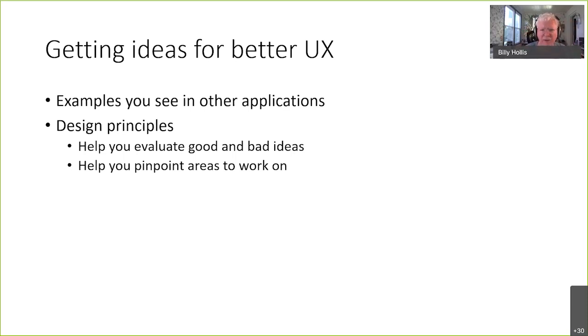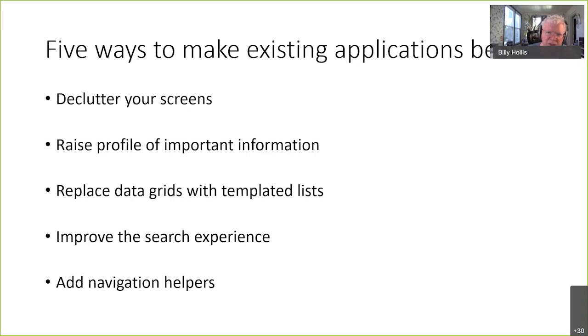And understanding design principles helps us pinpoint areas to work on and leads us to improvements faster than we would get through just randomly going, well, I wonder what we could do here. So I'm going to be going through these areas, and in many cases, I will be talking about the design principles involved and why they motivate these particular areas as areas where you can make some difference.